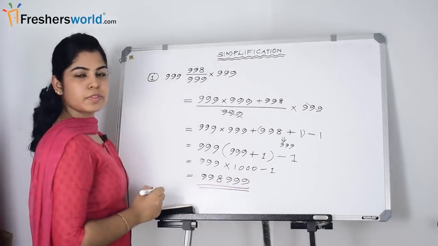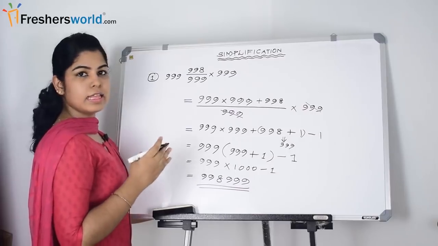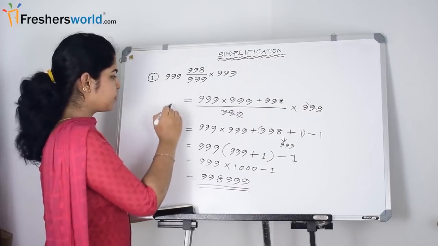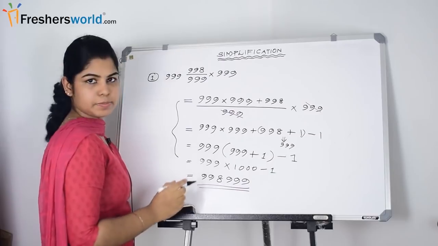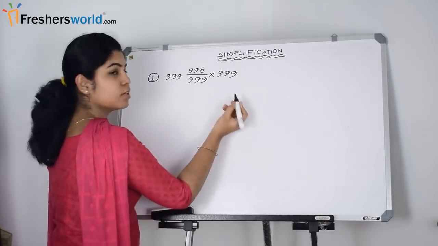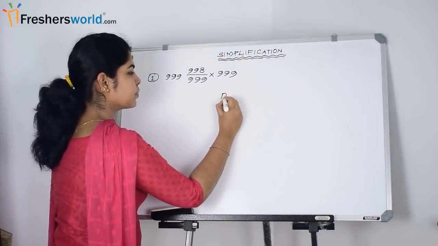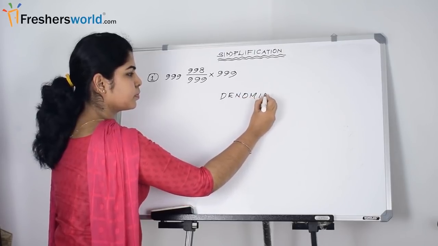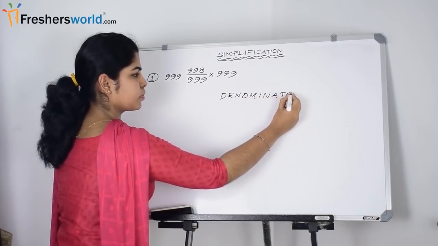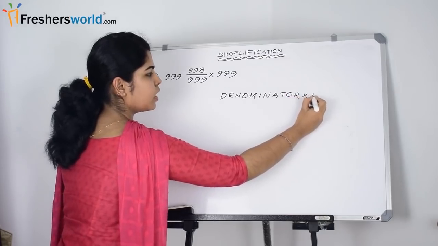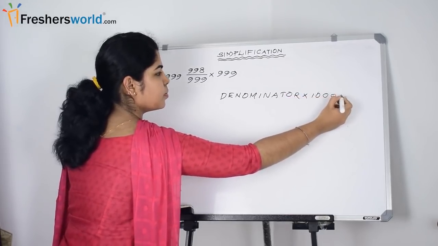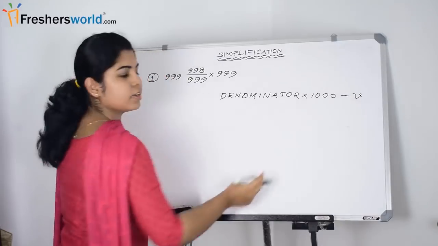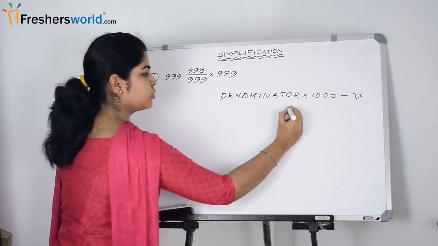this. So now let us see how to skip these steps. So the formula is denominator into 1000 minus V. V is for added value.